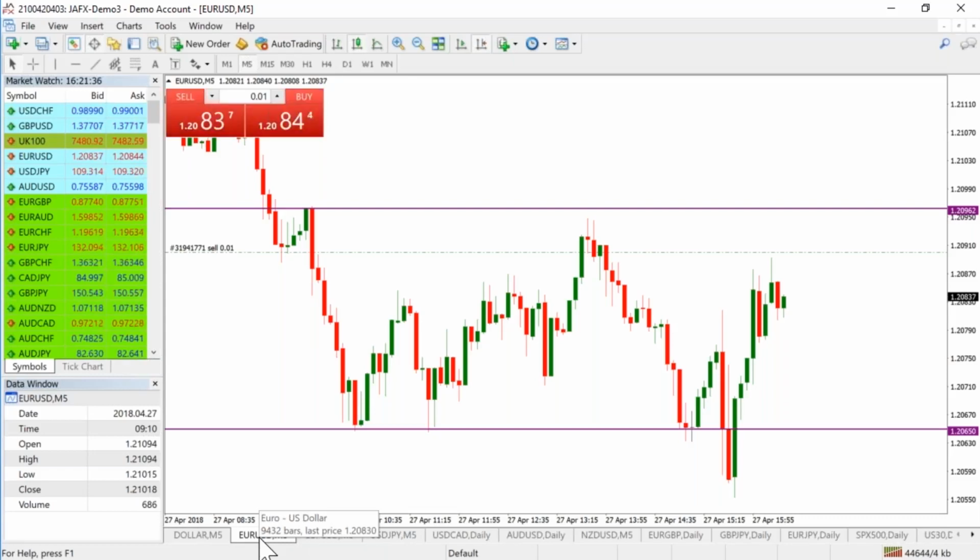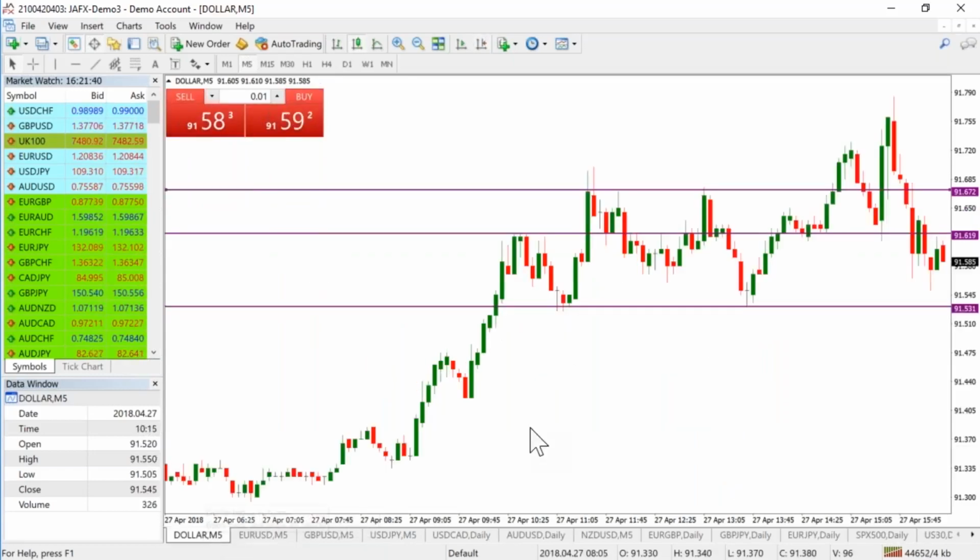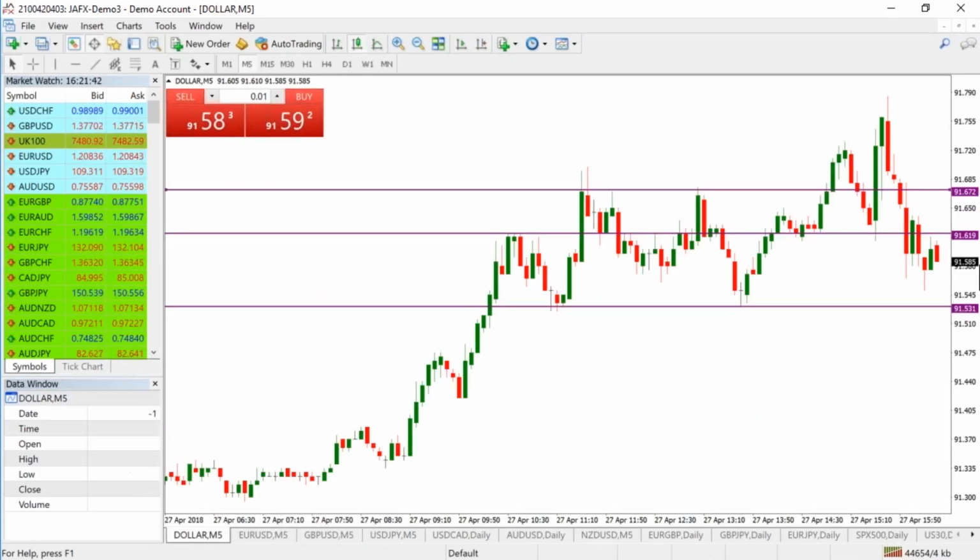Sorry, bear with me a second. So the euro dollar next. Yeah, we're just getting this kind of price action here. So not overly surprised. However, getting a bit of short covering or a bit of profit taking in some of these markets now.